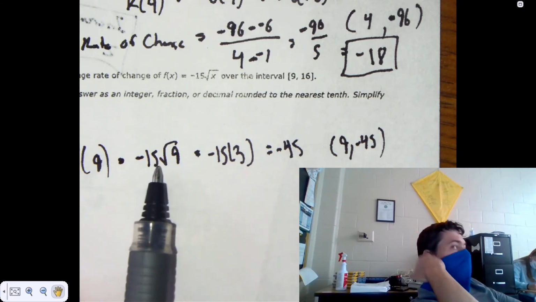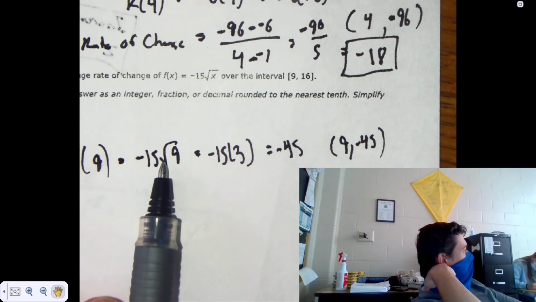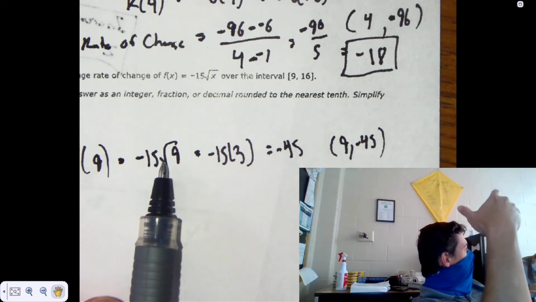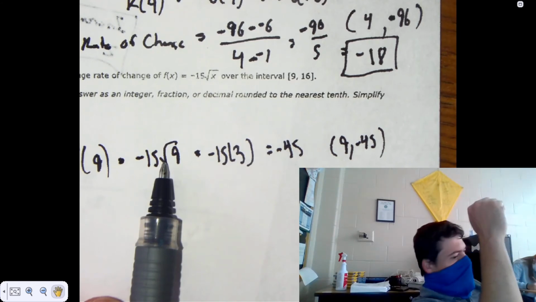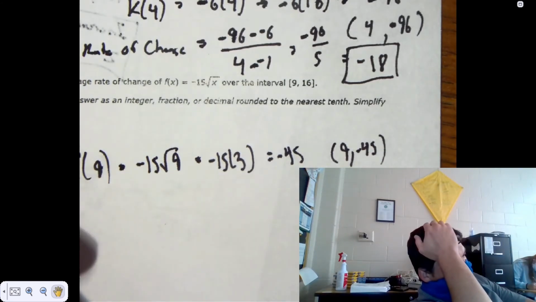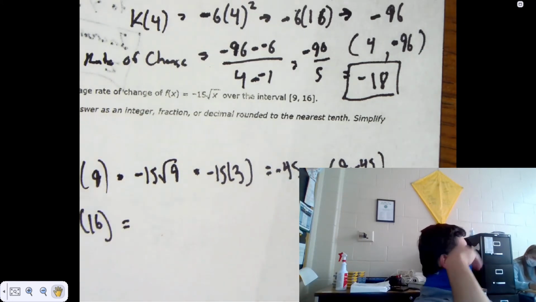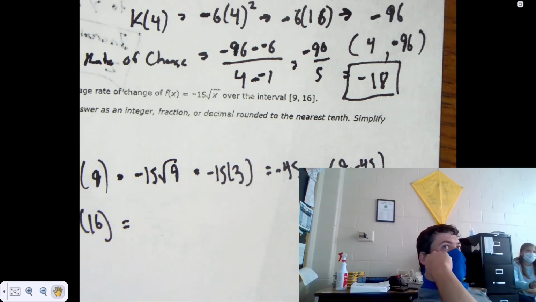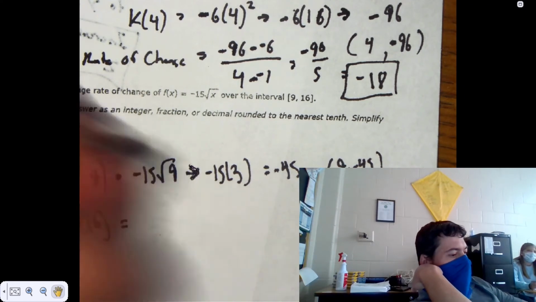What symbol is understood to exist between the -15 and the square root? Multiply. It's like 3x is 3 times x. There's a multiplier in there. It's understood. Got to understand the understood.